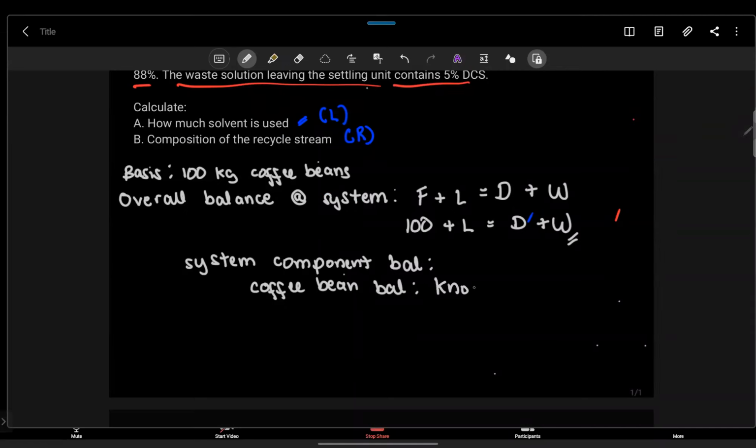Kumbaga, fully solved, fully known na yung amount ng coffee bean natin sa F, sa L, sa D, and sa W. Okay? So, hindi siya mahalaga for now. Therefore, let's go to the next component. So, ano bang po pwedeng gawin? After coffee beans balance, maybe we can have the caffeine balance. Okay, caffeine balance.